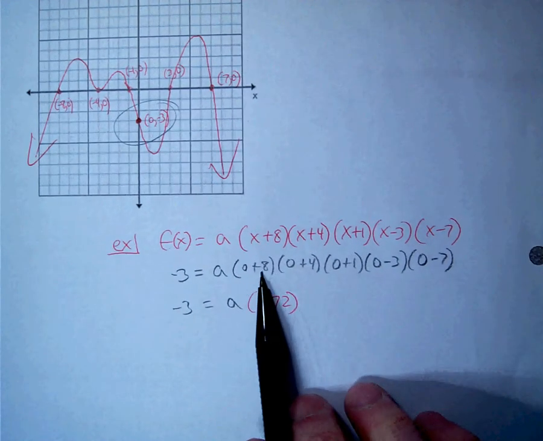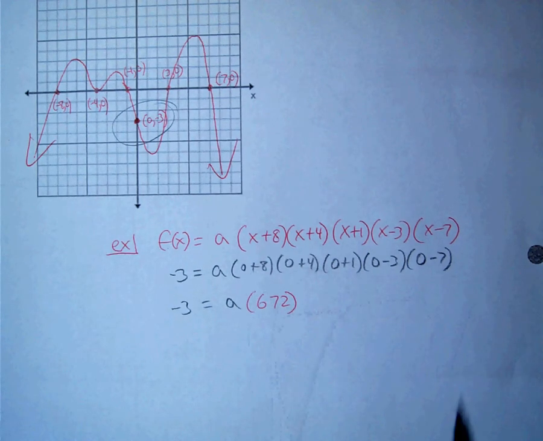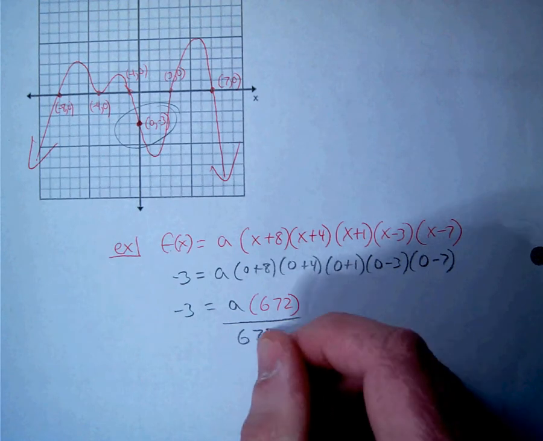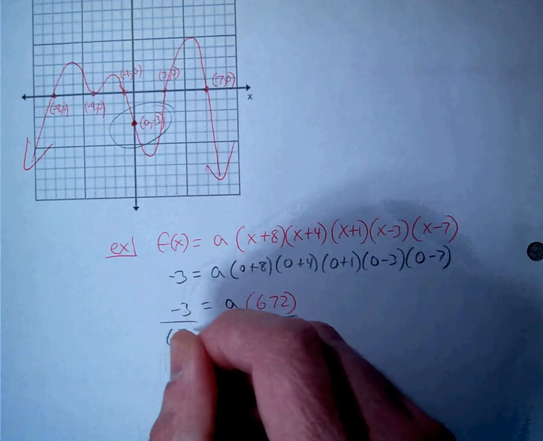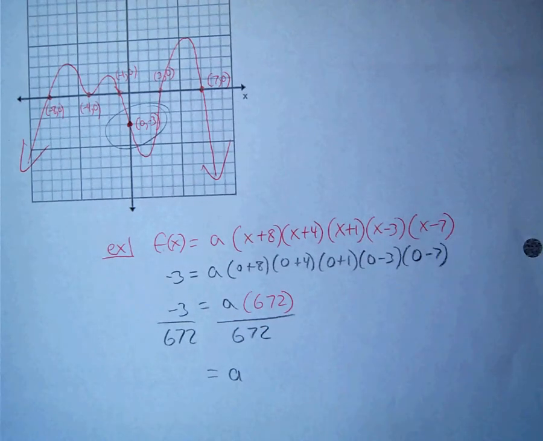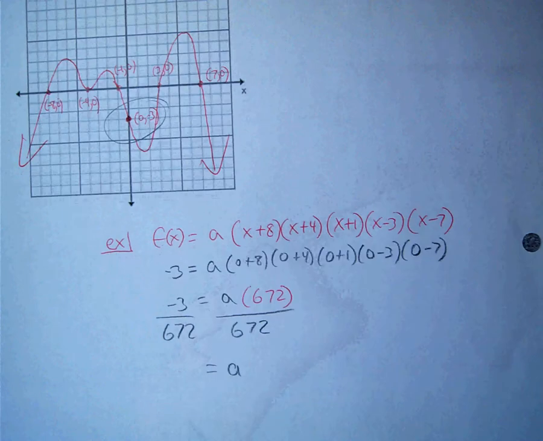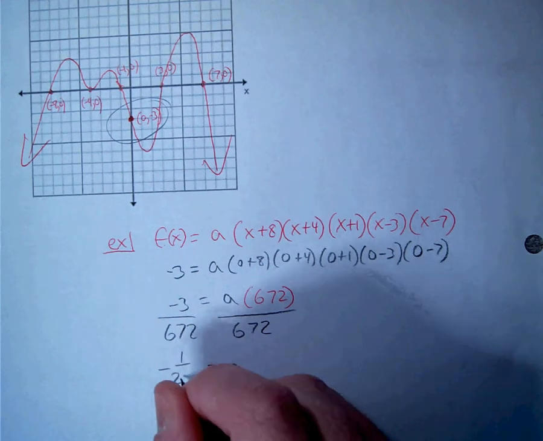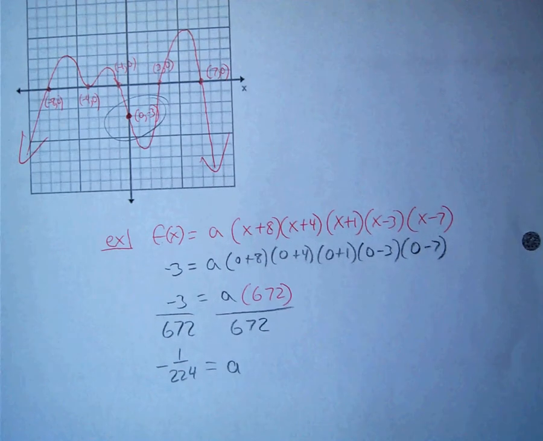Multiplying all these together after we add the zeros in. And then to get a by itself, we're going to divide by 672. And let's see. I think that actually simplifies down. 672 divided by 3 is 224. So we get -1 over 224 as our leading coefficient.